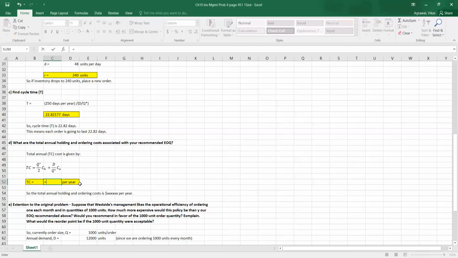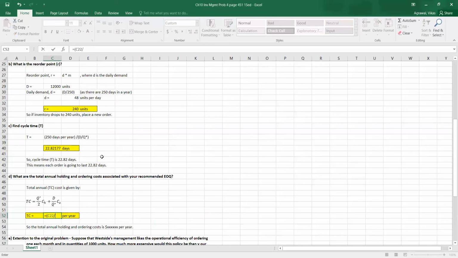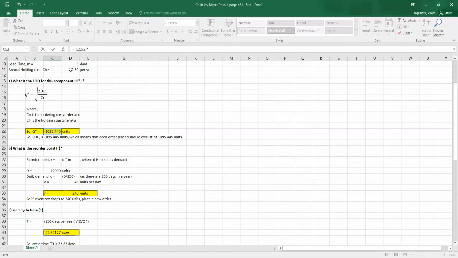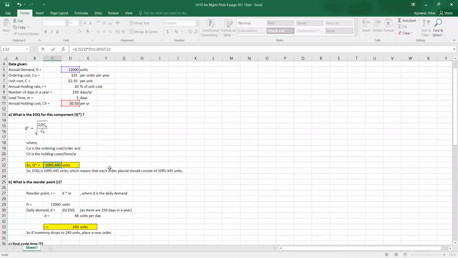So here we know that economic order quantity is this much divided by 2 times holding cost, which is this much, plus your annual demand divided by EOQ times ordering cost.